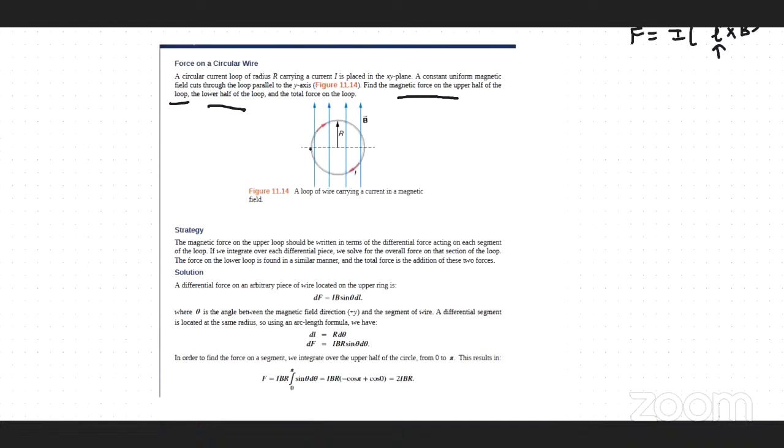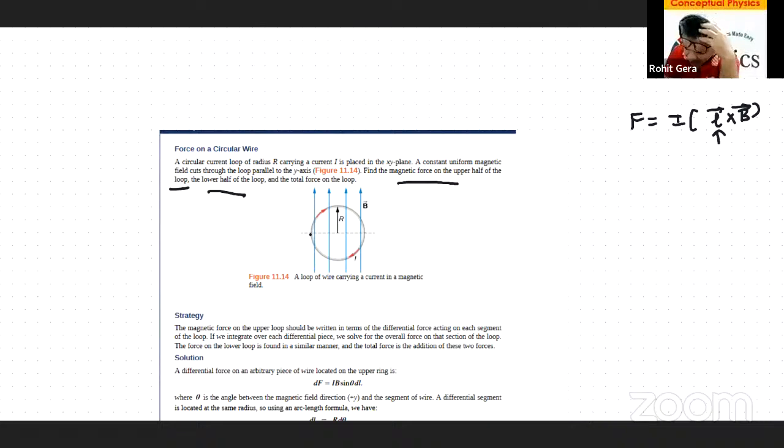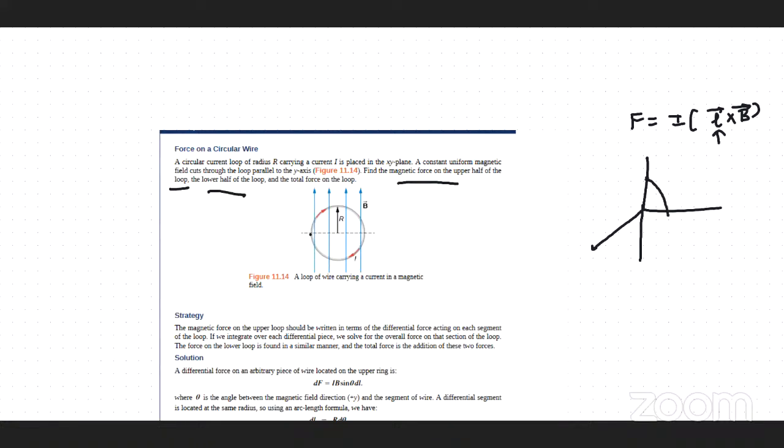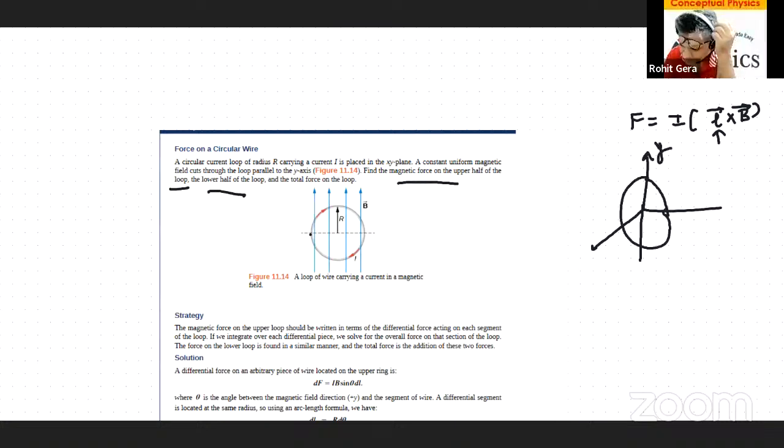So the situation is that you have this X and Y. So let's keep it on X and Y like this, like it is kept vertical. So this is your Y, this is your X, and the magnetic field is parallel to the loop in this direction.